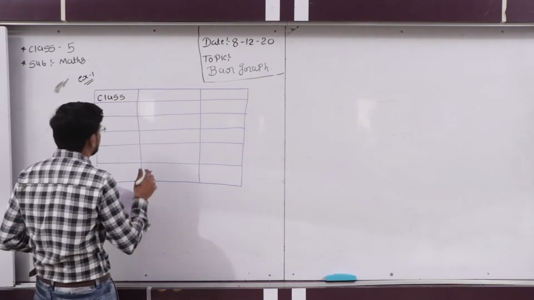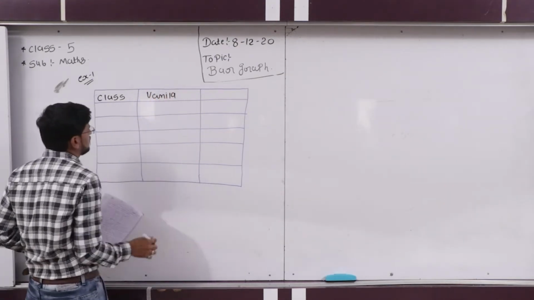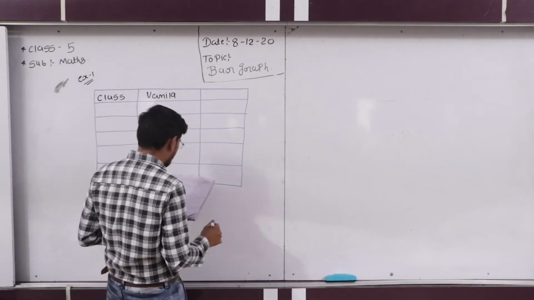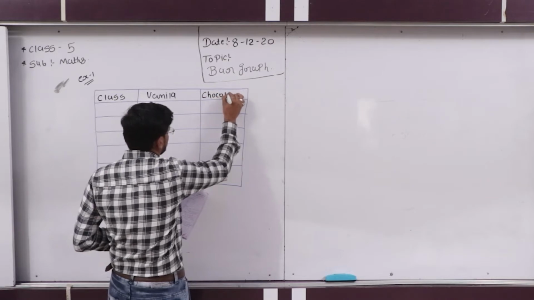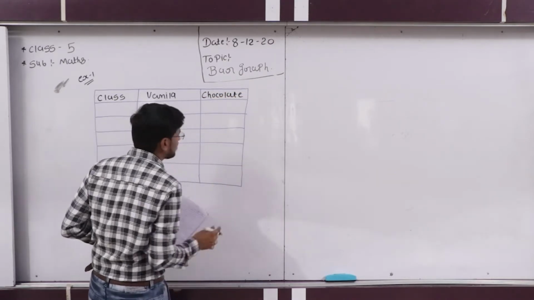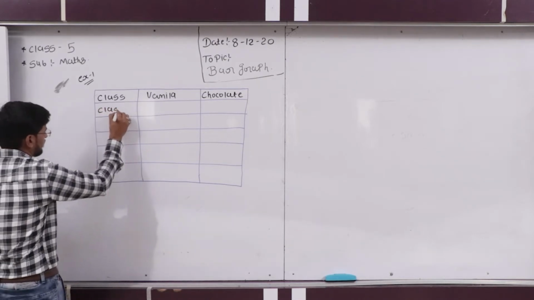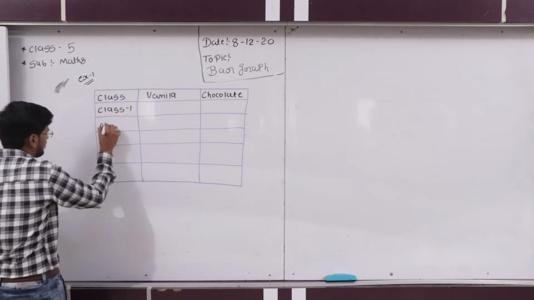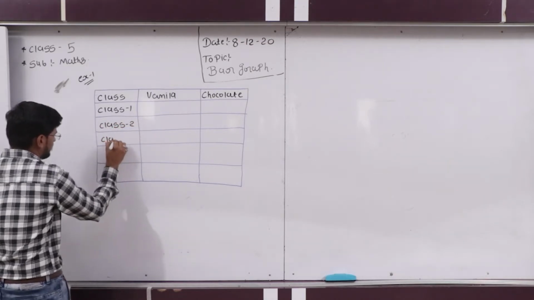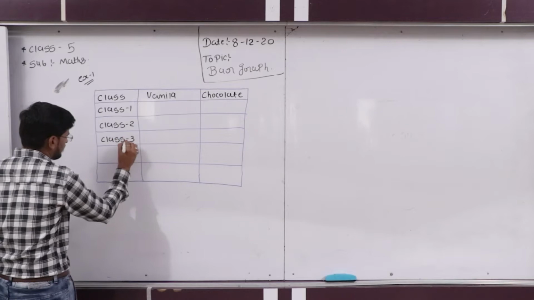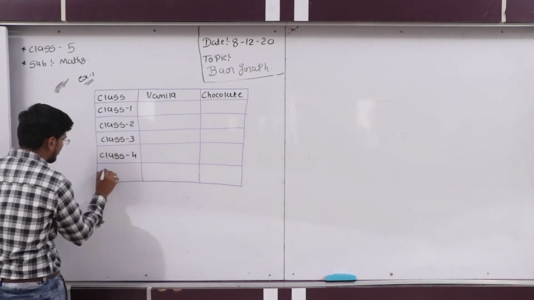Second column's name is vanilla. And third is for chocolate. Here we take class 1, class 2, class 3, class 4 and class 5.